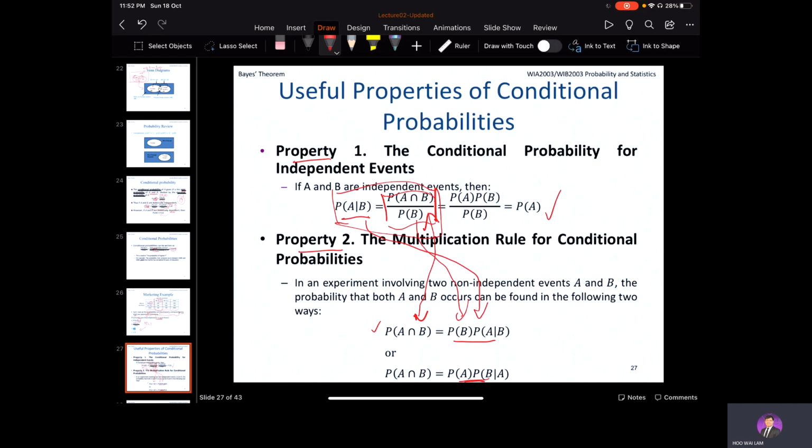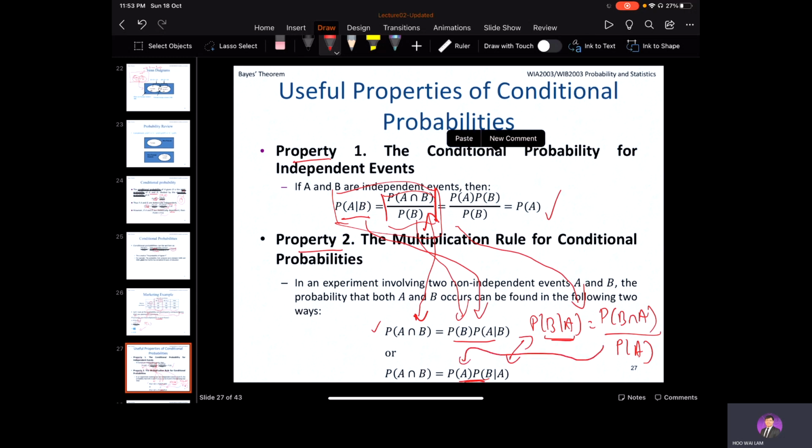How about I write another one? Probability of B given A equals probability of B intersect A over probability of A. Basically similar, right? I'm just changing the place of A and B. So this one is reflecting this, and this one is reflecting this.